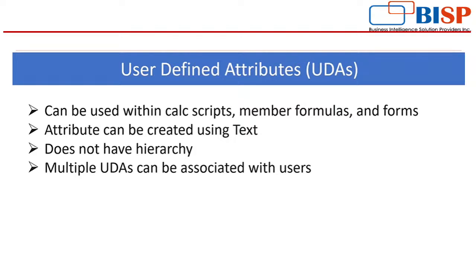So basically it is used for grouping members logically for calculations or reporting, and also for simplifying rule scripts or member selections, because we have provided one more level of category over there. So for member selections it provides more granular information.